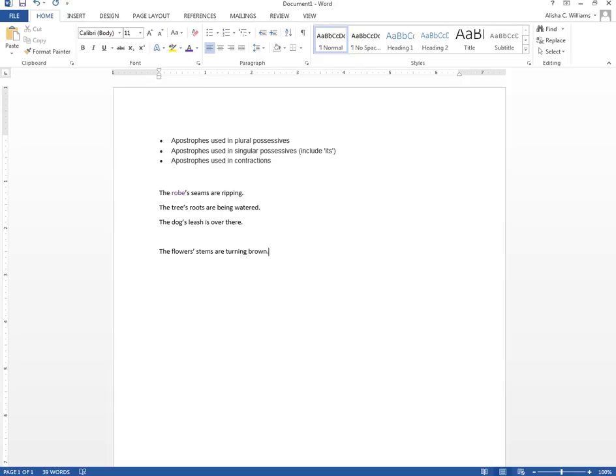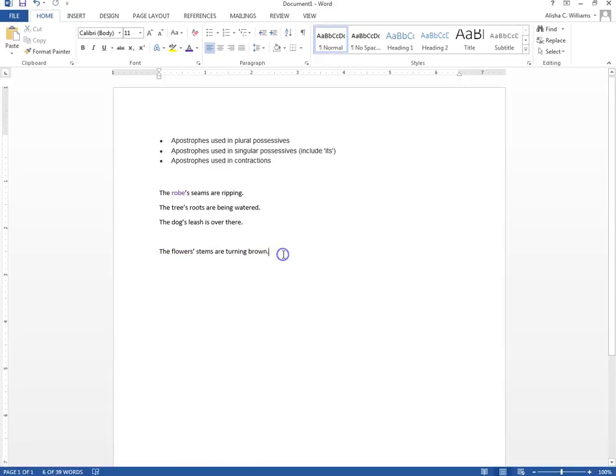So here we have the flowers' stems are turning brown. Because the apostrophe is coming after that S, it makes the entire word possessive. So something is belonging to the flowers, plural, more than one flower. We're thinking about a bunch of flowers in a vase and all of their stems are turning brown. So the stems belong to all of the flowers, not just one flower.